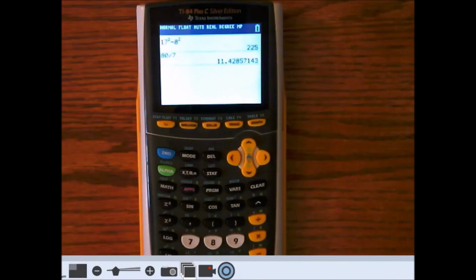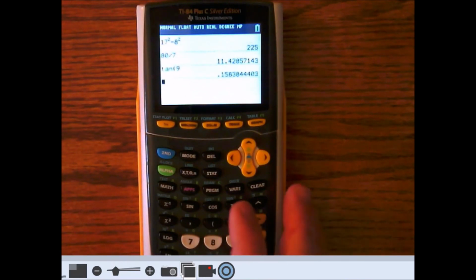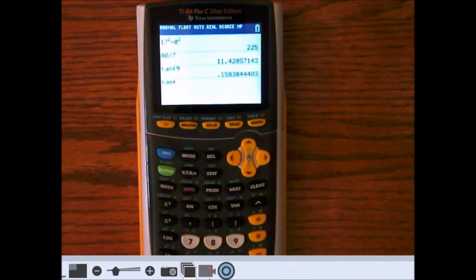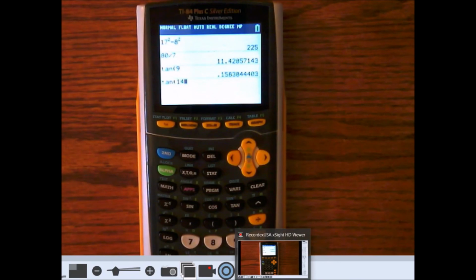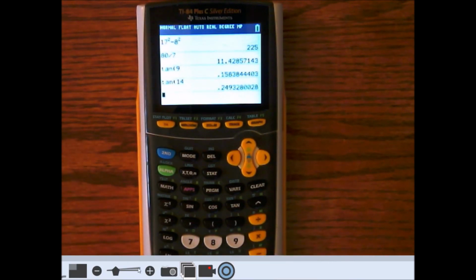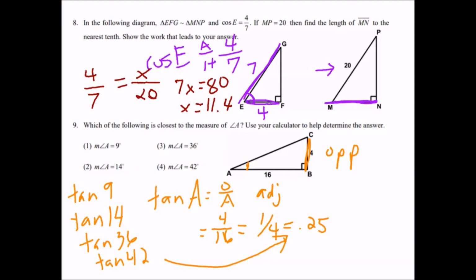So tan of 9, is that close to 0.25? Tan of, what was the next one? 14. That's actually pretty darn close. So I'm going to say it's tan of 14. So that means that angle A has to be 14 degrees, or close to it.